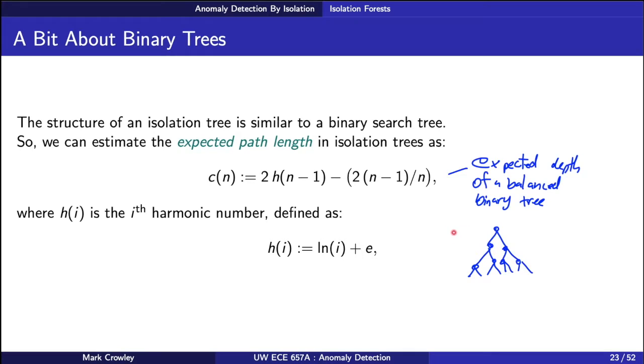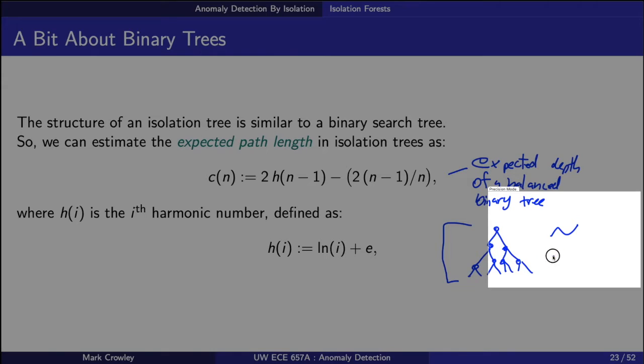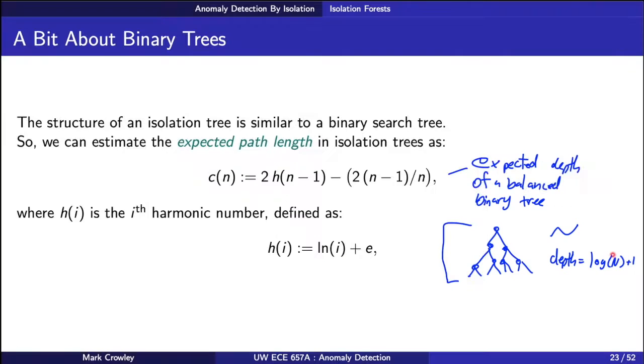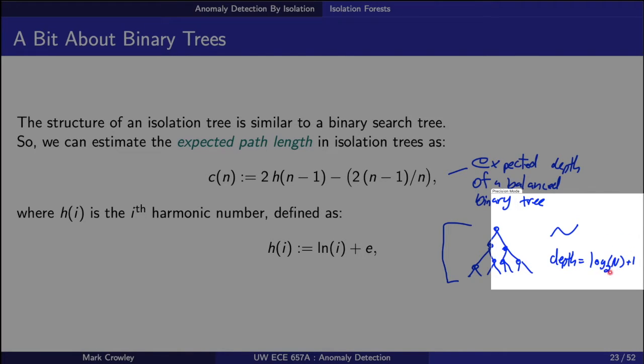So a perfect binary tree that's balanced would be like this. And so there's a relationship between the number of points, n, and the depth, which is going to be log of n, I think, +1 or -1, I forget which it is, because you keep dividing it by 2 every time. Actually, computer people, so it's log base 2.